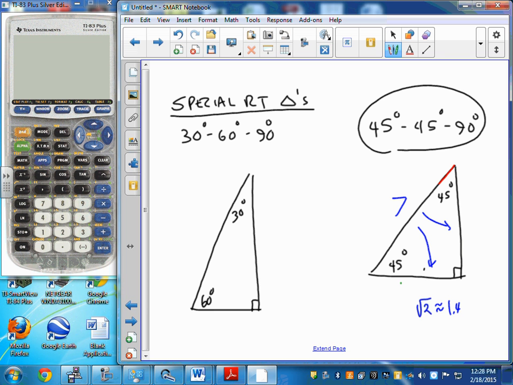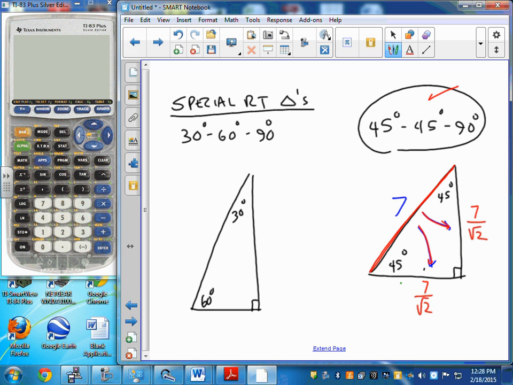The legs have got to be shorter than 7. So we still use the square root of 2, but we do it this way. 7 divided by the square root of 2. And that will get us to the 2 legs. Okay, so from the leg to the hypotenuse, multiply by root 2, and from the hypotenuse to the leg, divide by root 2. That takes care of these.